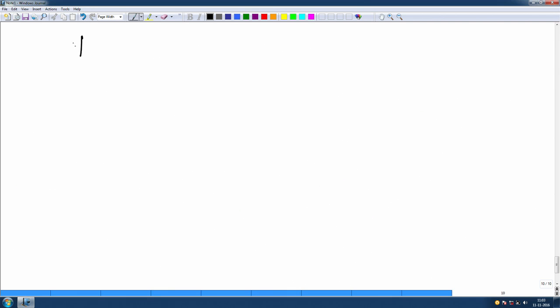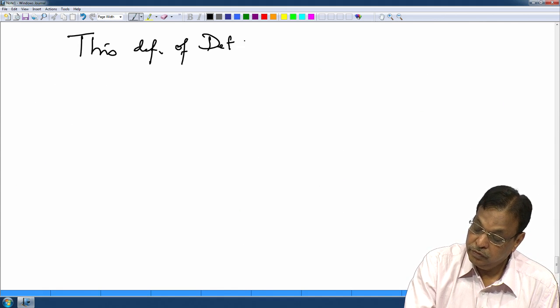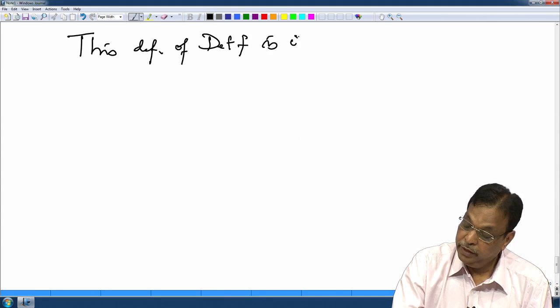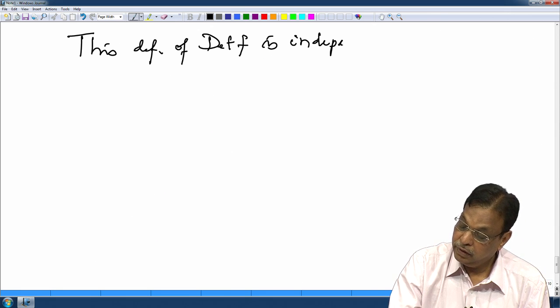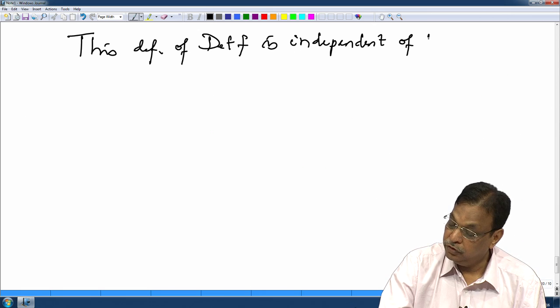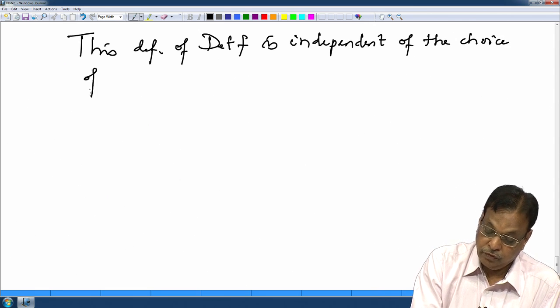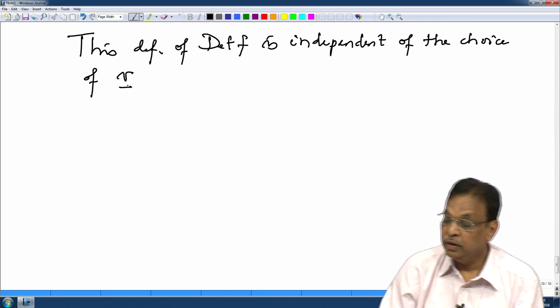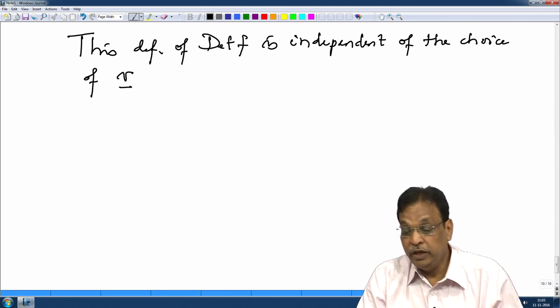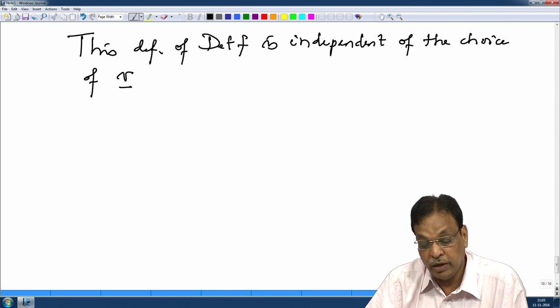So, this definition of det f is independent of the choice of the basis V. But for this, we remember we analyzed that if I change a basis, what happened to the matrix.